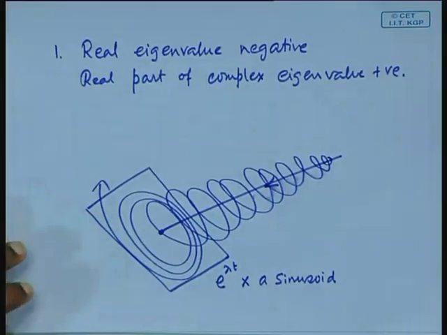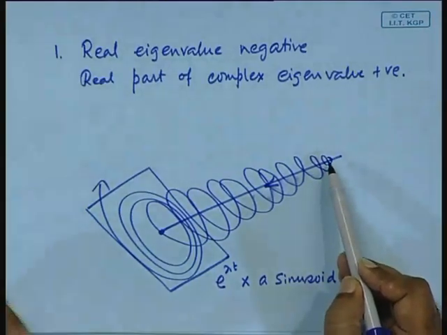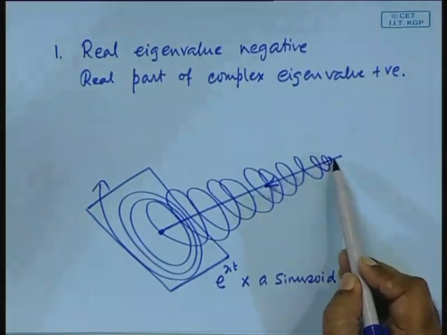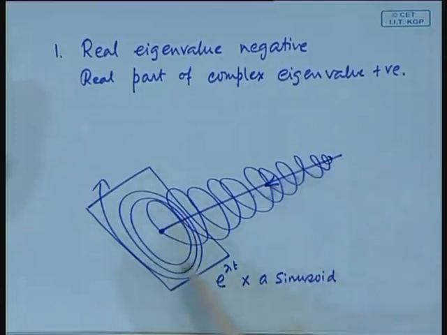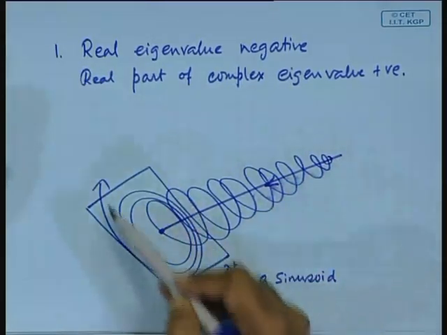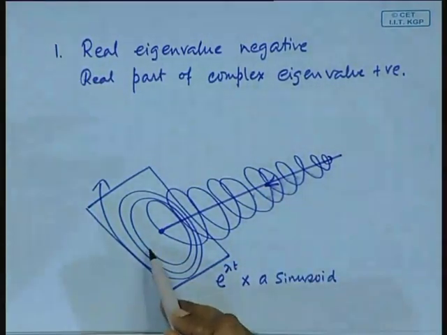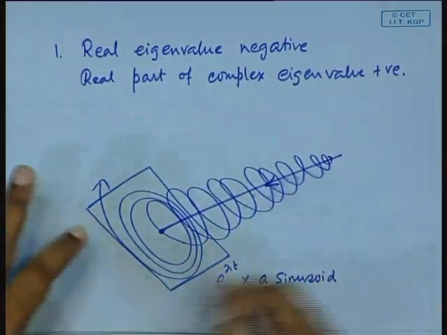Again, which one dominates depends on the magnitudes of the eigenvalues. It may very fast converge onto this plane and then go around, or it will be slow and finally assume a large value even before reaching this plane. That is possible; it depends on the magnitude of the eigenvalues.